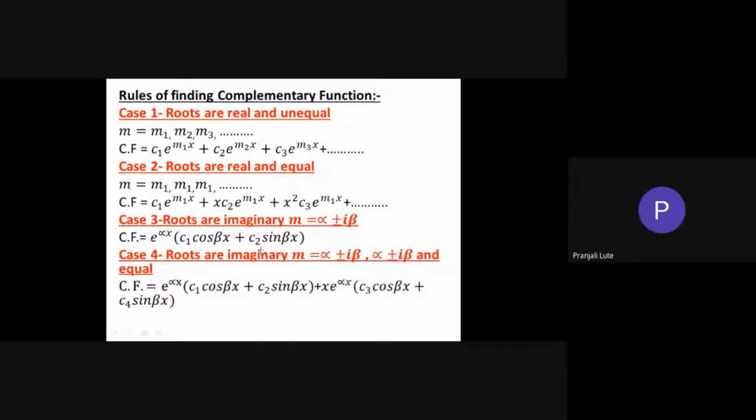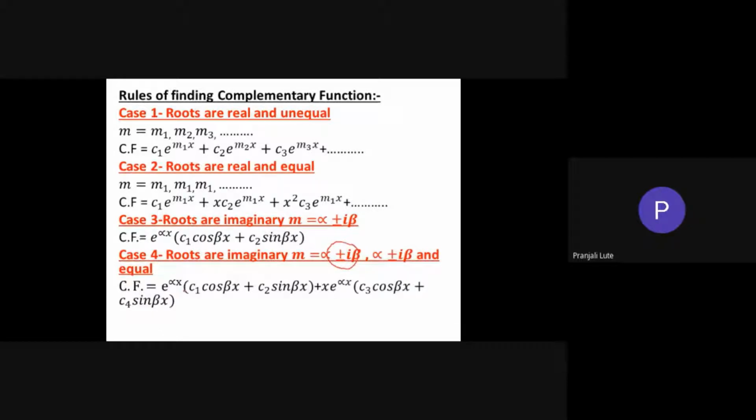Next, case 4 is when roots are imaginary but also equal, so complementary function is e to the power alpha x c1 cos beta x plus c2 sin beta x. This is the case for first root, that is m equals alpha plus minus i beta.